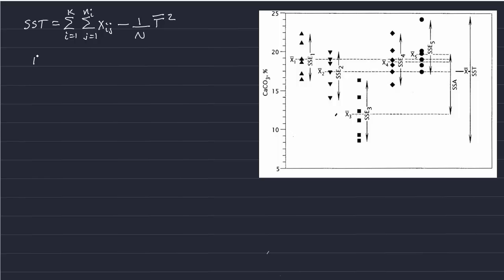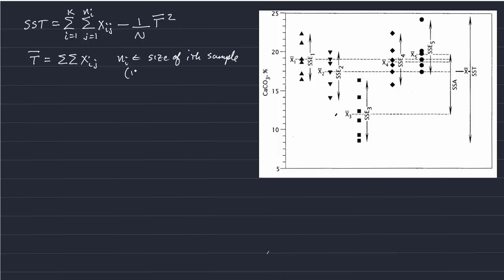So here T bar is equal to the sum of all the measurements, and n sub i is equal to the size of the ith sample.